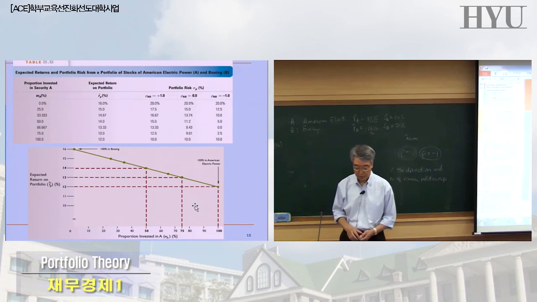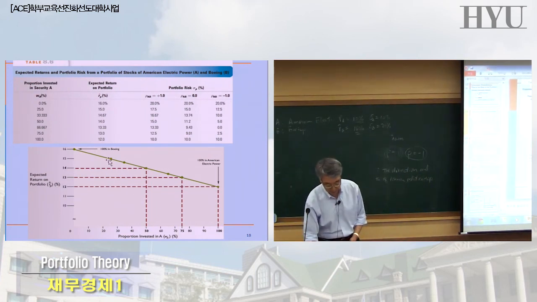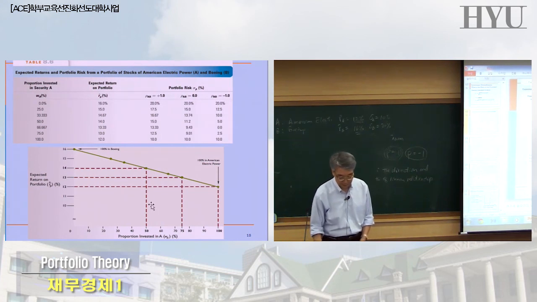Make sure you understand the idea of this straight line, or that the combinations of expected returns would be found on the straight line, okay? Because I'm pretty sure you can remember from high school geometry, right? If this is 2-to-1, and then this is 2-to-1, something like that, right? So that's the idea, yeah.